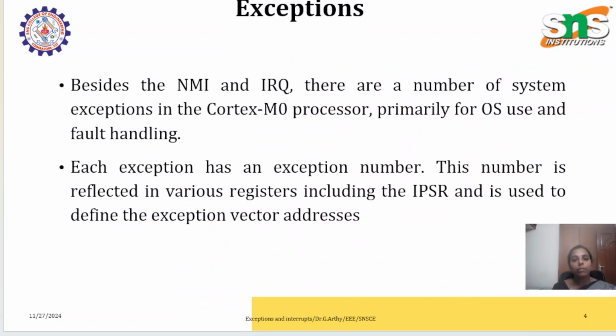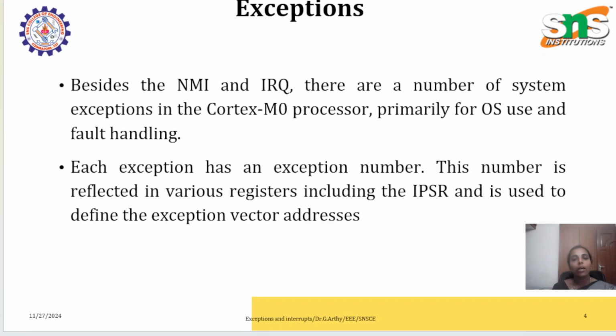Besides the non-maskable interrupt and the interrupt request, that is the general interrupts, there are a number of system exceptions in the case of the ARM Cortex-M0 processor, primarily for OS use and for fault handling. Each exception has an exception number. This number is reflected in various registers, including the IPSR, the program status register, and is used to define the exception vector address.